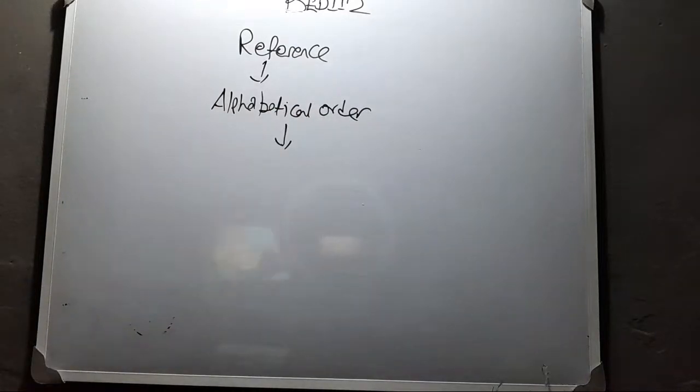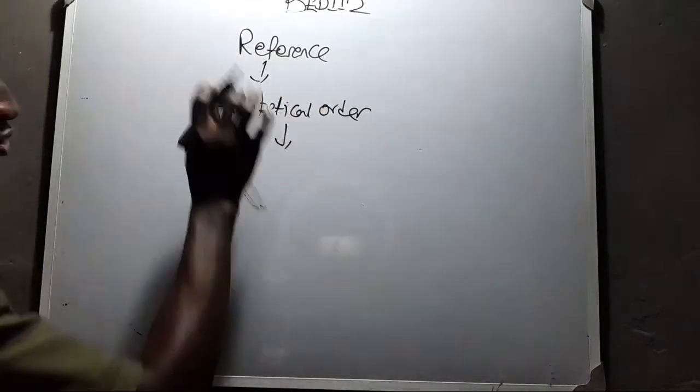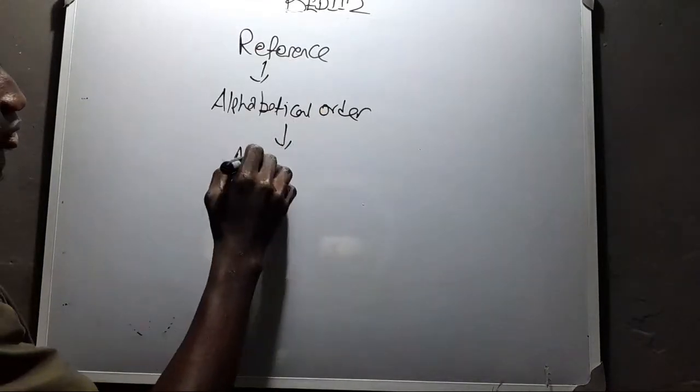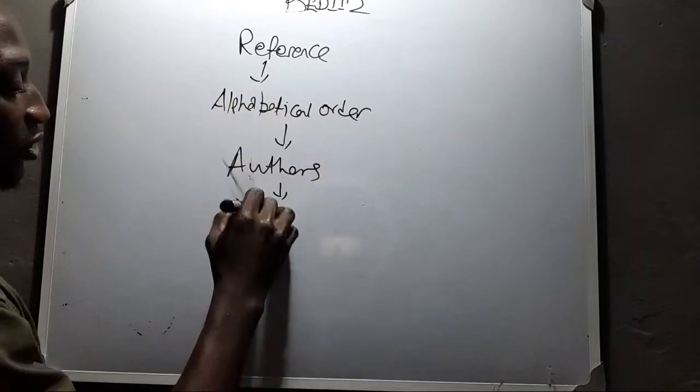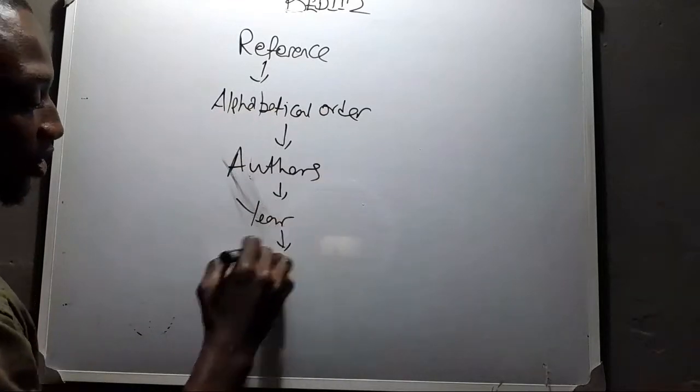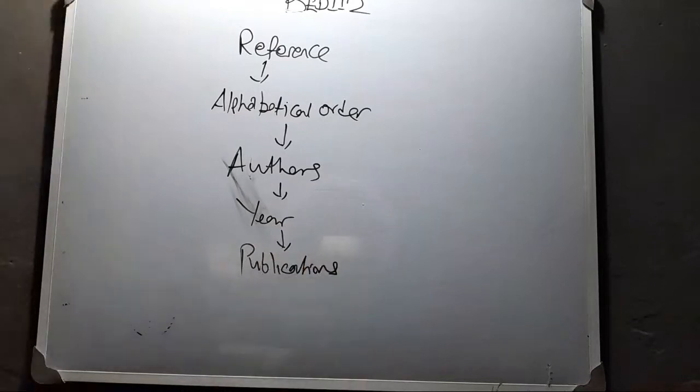You have to name the list of authors, the year, and publication. Year. Okay, now let's start with authors. Year, and publications. All these things are formatting, and you definitely have to observe them.